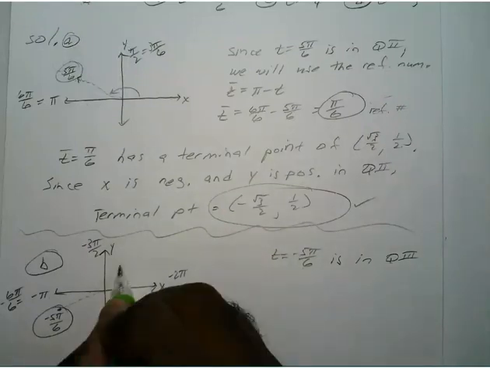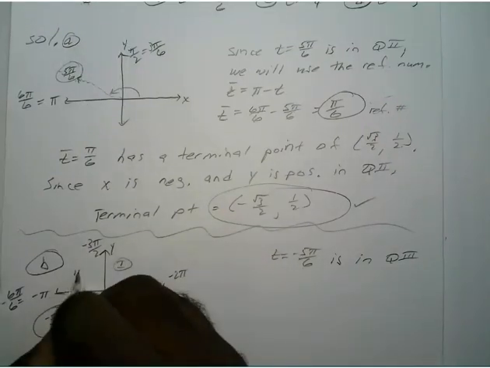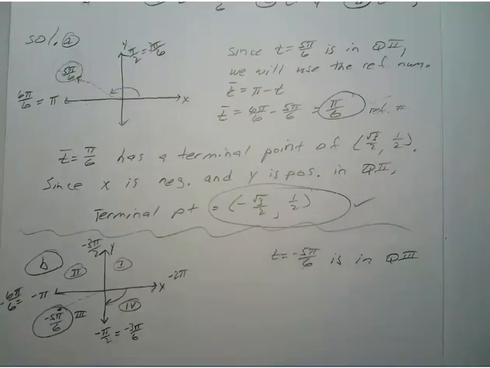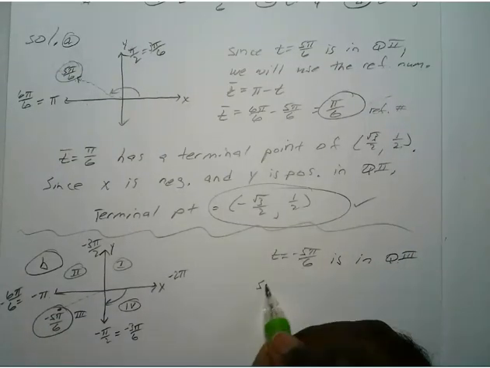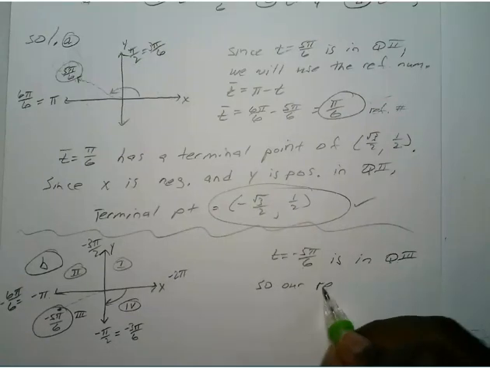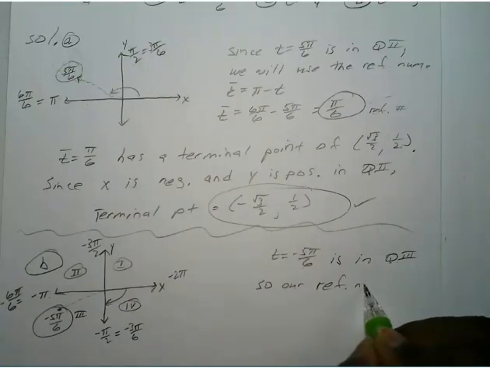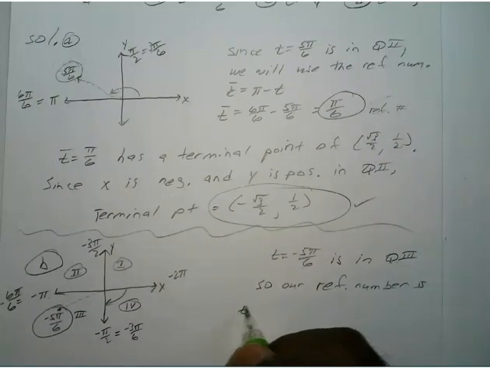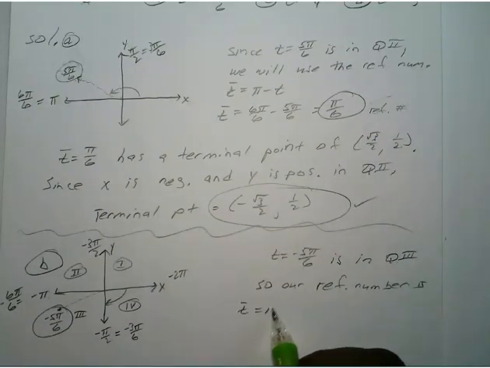Now the quadrants are still 1, 2, 3, and 4. Those haven't changed, just the direction that we're going. Okay, so we know it's in quadrant 3, so our reference number is t bar equals π plus t.